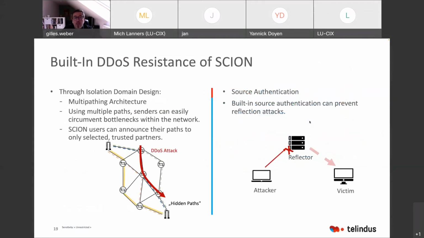That brings us to why CIAN is DDoS resistant. Simply because it's a multipathing architecture where you can quickly change direction if you see that one path is blocked through a DDoS attack. And due to the nature of the protocol, source authentication is done so that reflector type attacks are not possible on that kind of infrastructure.